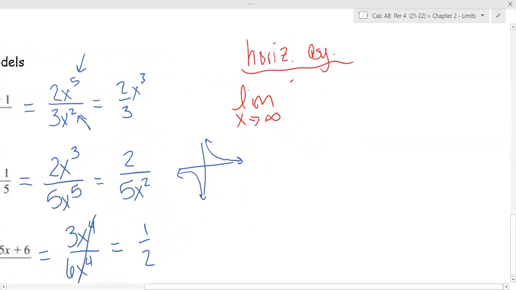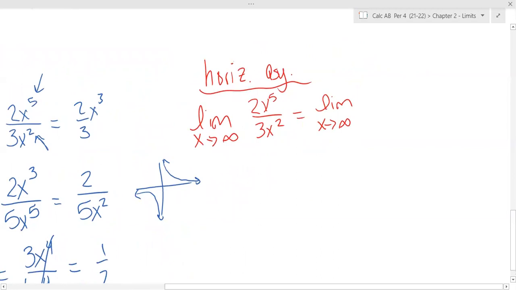Now, of course, I would give you the whole function. You would have to pull out the end behavior model like this. So let's see what's going to happen here. We'd have the limit as x approaches infinity of my end behavior model, which is 2/3 x to the 3rd. So what does that mean?